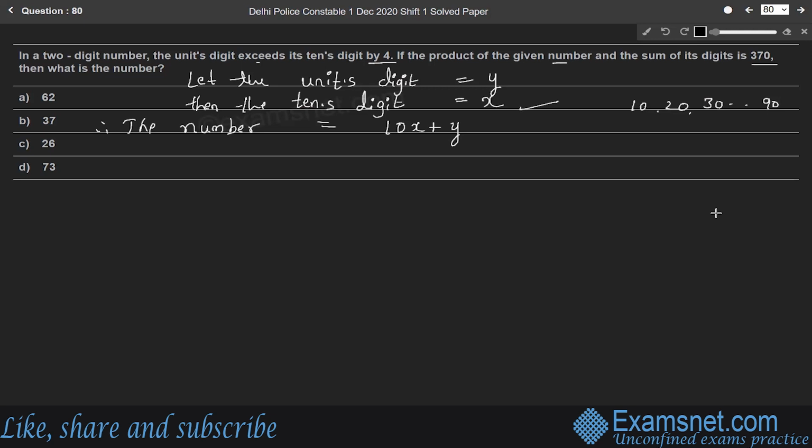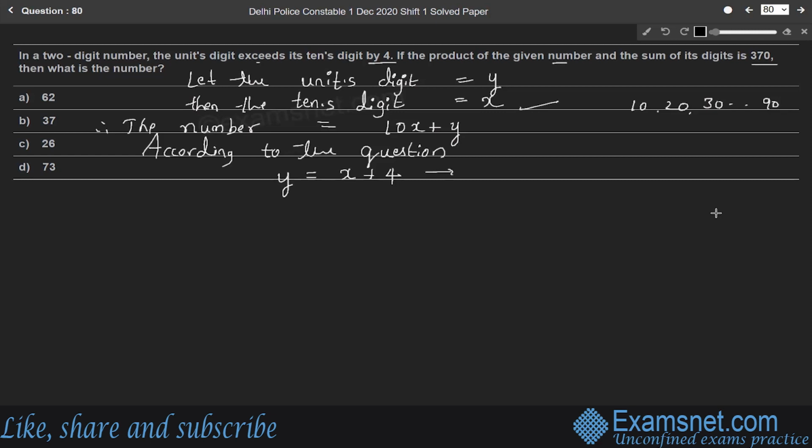According to the question, the units digit exceeds its tens digit by 4, so y is equal to x plus 4.